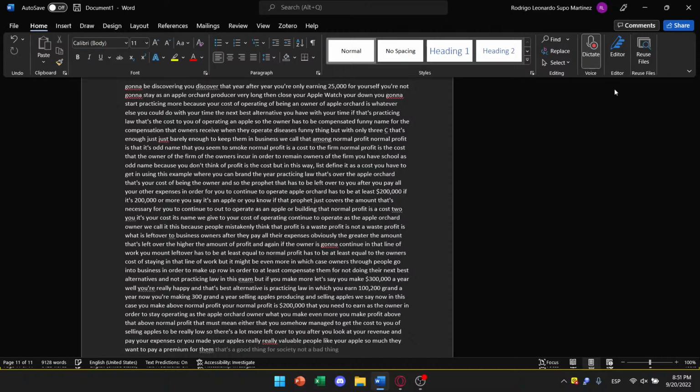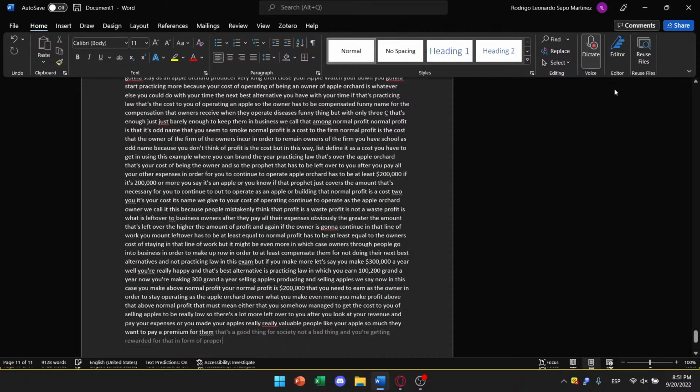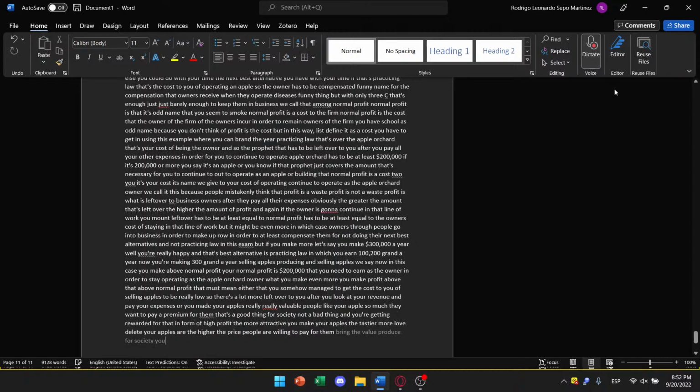And you're getting rewarded for that in the form of higher profit. The more attractive you make your apples, the tastier, the more lovely your apples are, the higher the price people are willing to pay for them. The greater the value you produce for society. You profit from that. That's true. But that profit is basically a return to you for doing what you do.